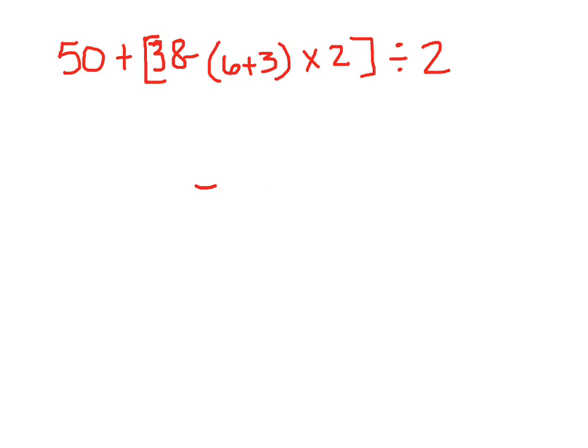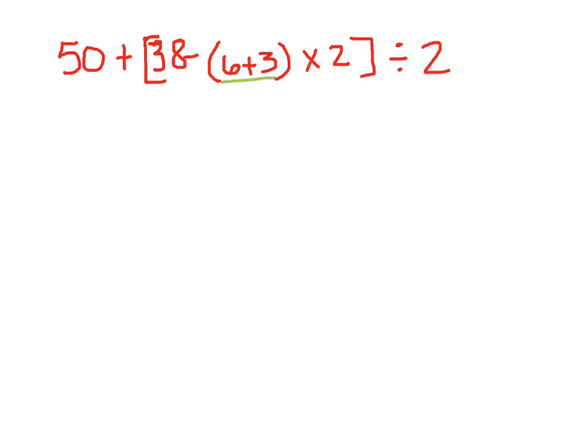All right, let's look at this problem. These problems are getting a little bit bigger. 50 plus bracket 38 minus parentheses 6 plus 3 times 2, and then close the bracket, divided by 2. Okay, first thing we have to do is solve 6 plus 3, because even though it's addition, it's the first thing that's in parentheses.